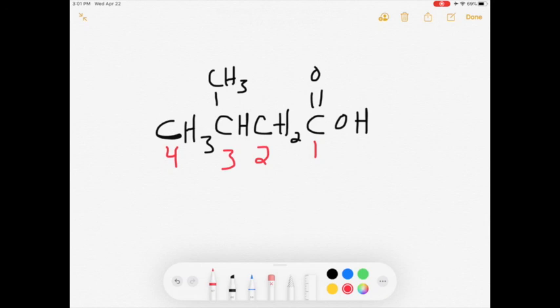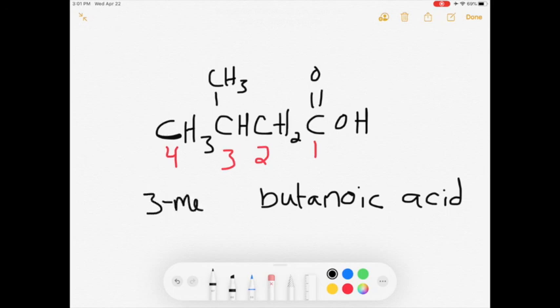And we have a methyl group off of the 3rd carbon. With butane, for the carboxylic acid, we're going to remove the E and add OIC, and then put acid. But we also have to add the methyl group that's on the 3rd carbon, so we name that how we usually do. So say 3-methylbutanoic acid.